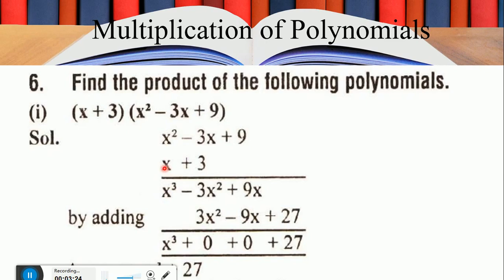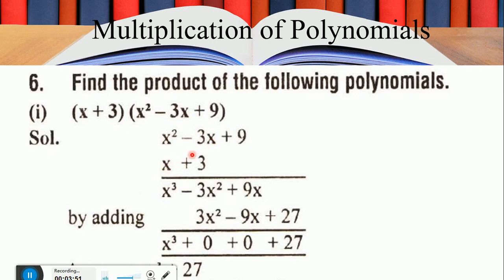Now we will multiply x with minus 3x. Again, minus 3 is written as it is. Now x multiplied by x, adding their exponents, one exponent is there and one exponent is there.